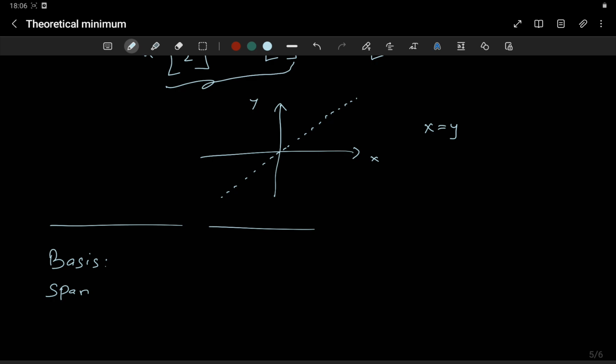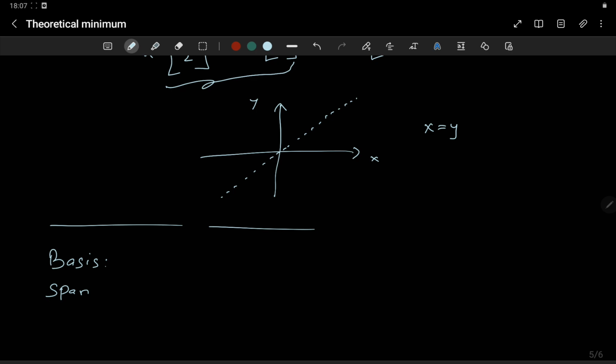We haven't gone into detail about what a vector space is and all those things; we will come to that later. The basis is a minimum set of vectors where the span of that minimum set of vectors will cover the entire space. Then we call that a basis.